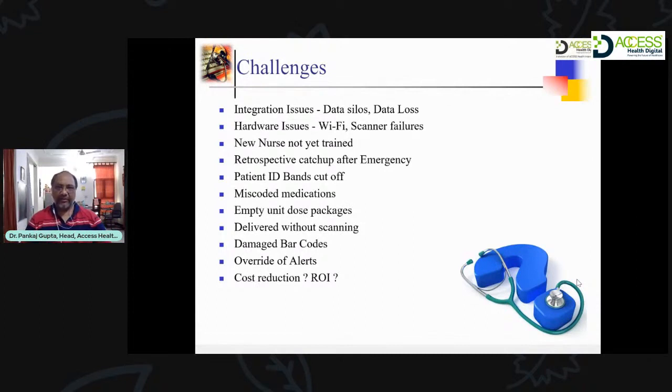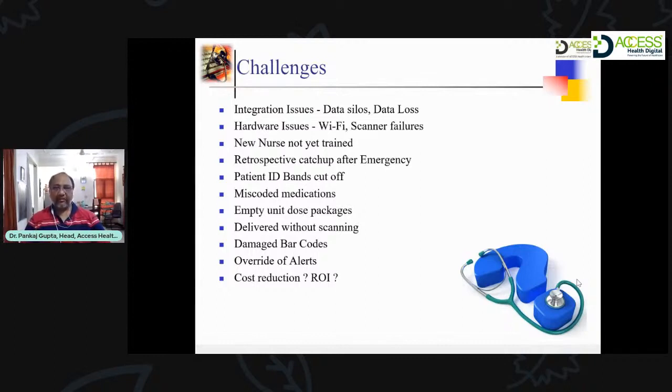Empty units: single dose packages that were sent are empty. Even though the system says received and scanned, at the time of administration the packet is empty. These are real big challenges that can happen. These are all human errors, errors that the system will not be able to catch.